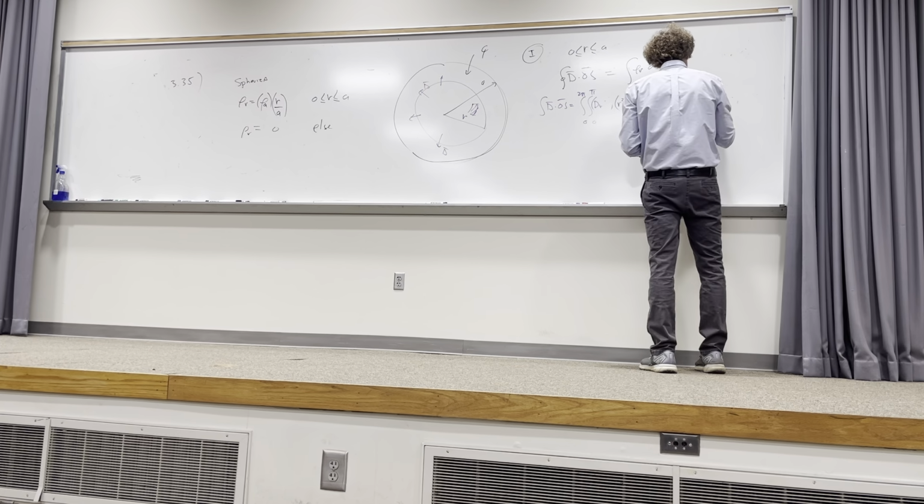Don't worry about that little chunk there. Differential volume doesn't have a direction. Y'all with me? Differential surface does. So this is going to be r squared sine theta d phi dr.